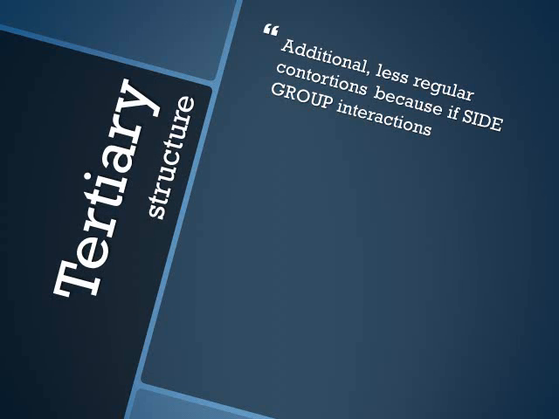Okay, tertiary interaction. The interaction there is a little less regular, because what's happening now is it's not strictly a condensation reaction producing covalent bonds for primary structure. It's not strictly a physical interaction that's going to give us a coil or a pleated sheet. So it's looking at what's happening with the interactions of the side chains.